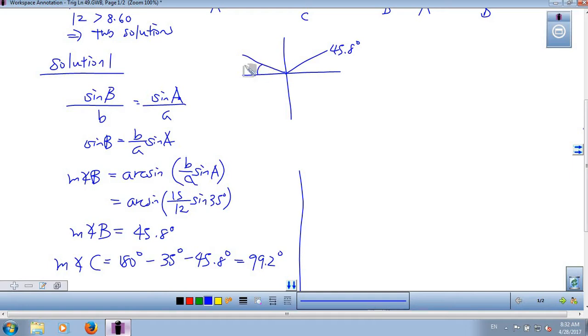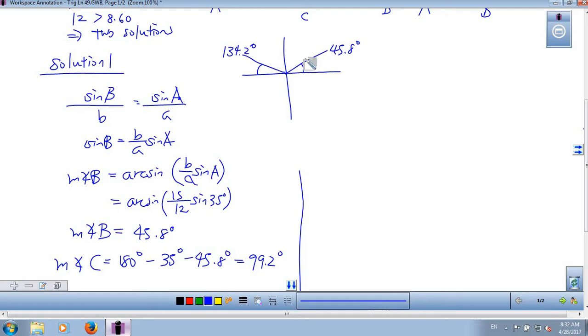So there's another angle in quadrant 2 whose reference angle is 45.8 degrees, and it also has the same sine value as 45.8. And how do I find that angle? Well, I use 180 minus 45.8, which is 134.2 degrees.